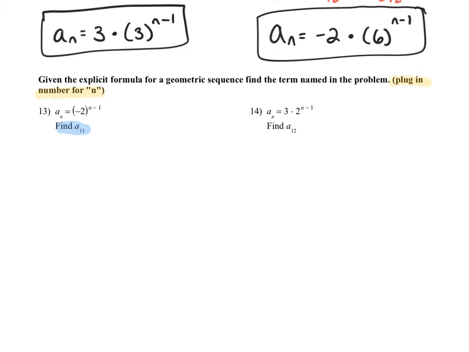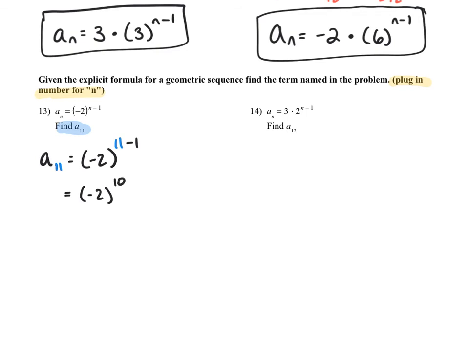We're not finding A of n, we are finding A of 11. That is going to equal negative 2 in parentheses to the 11 minus 1. Before you try and raise it to a power, you need to simplify that power. So this is really negative 2 to the 10th.